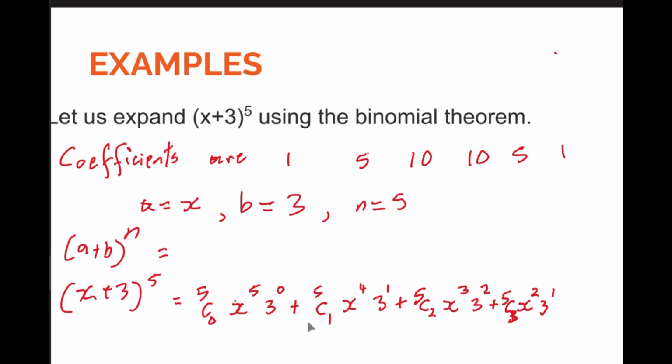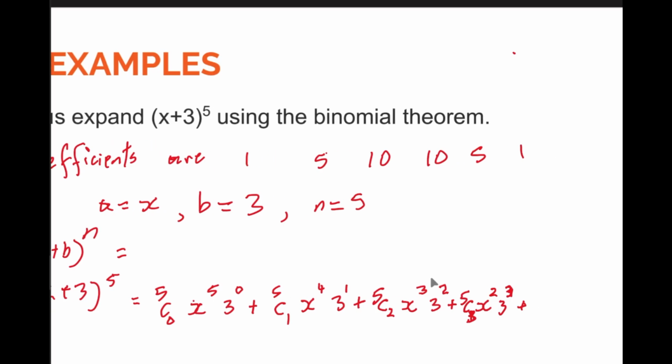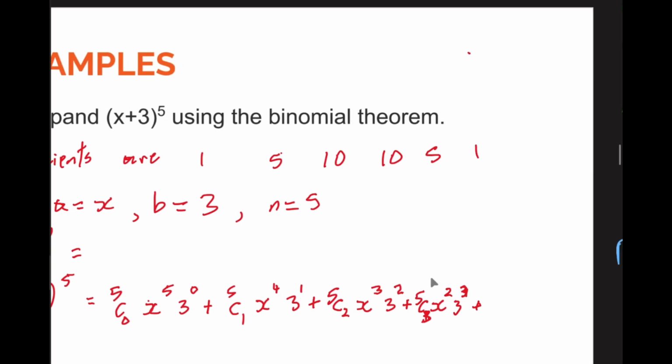So that's 0, then 1, then 2. So this would go to the third power. We're going up, and we're a little bit out of space here, but let's continue. 5 choose 4.